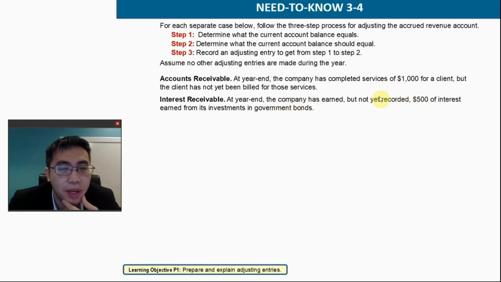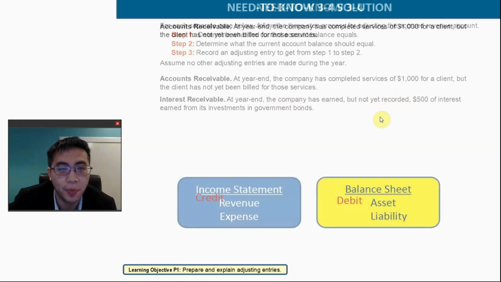So at the year end, the company is filing all the records and producing the year end report. So this $1,000 receivables or revenue earned will be put on the general journal, and so is the interest receivable.